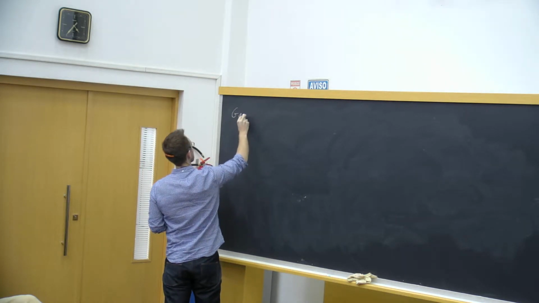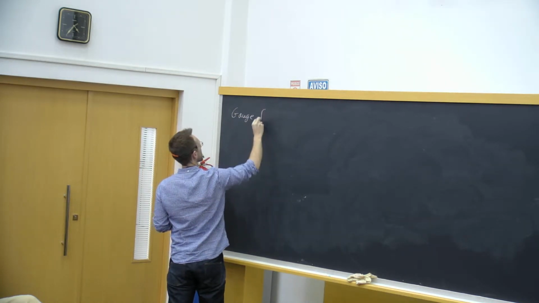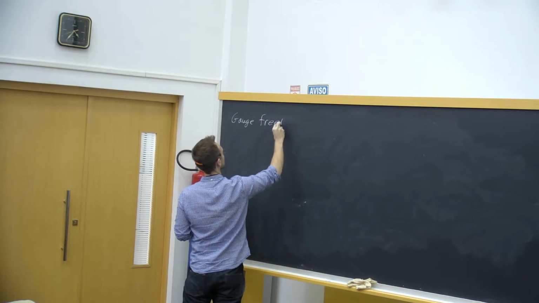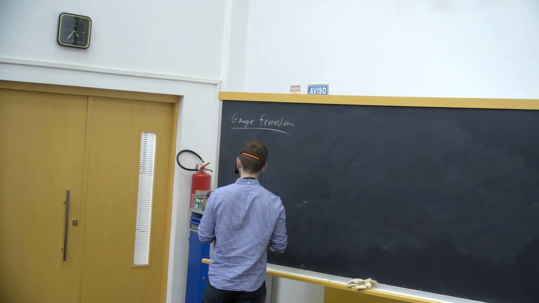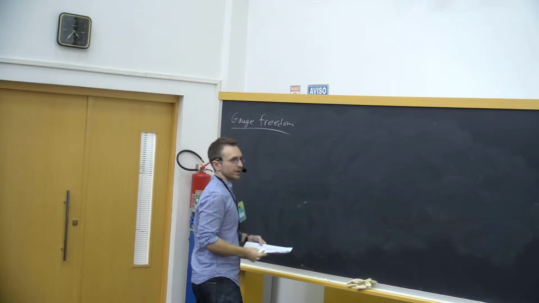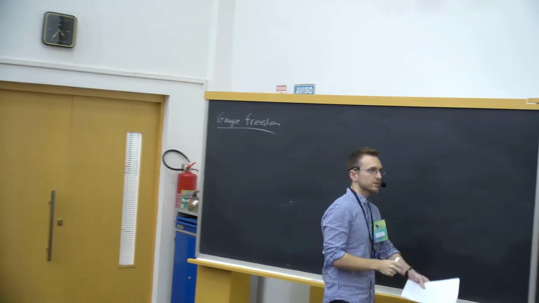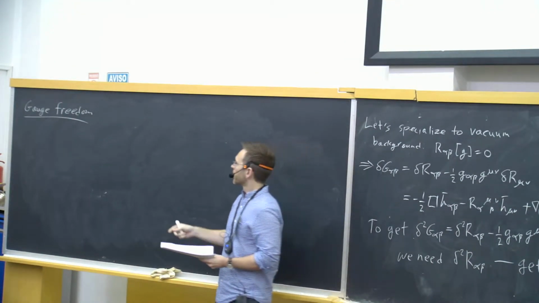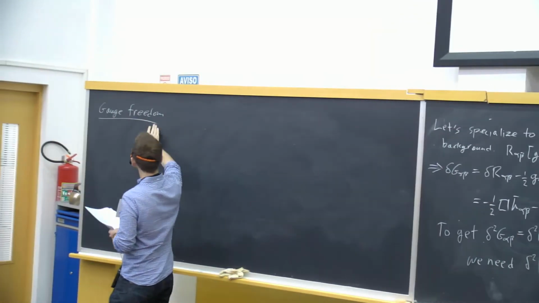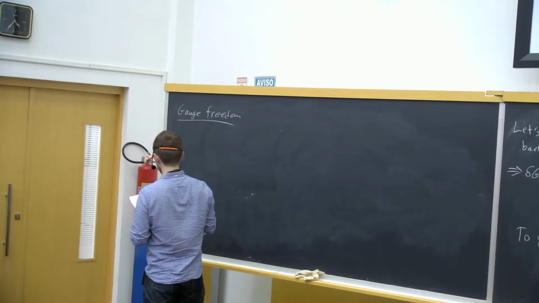So, gauge freedom. We can alter the form of those equations, the first order and second order Einstein equation, by utilizing the gauge freedom from GR.